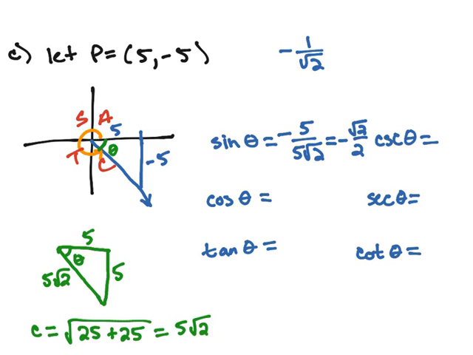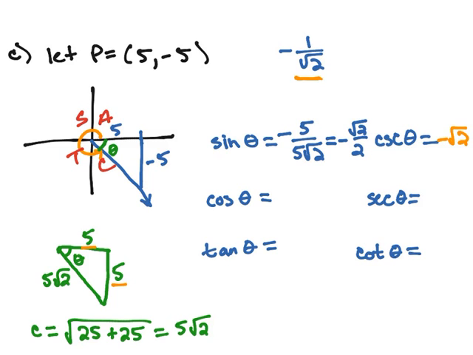All right, cosecant then, we want to take the reciprocal of that. It's just going to be negative root 2. Cosine is going to be the same as sine because adjacent and opposite are the same length. They're both 5s.